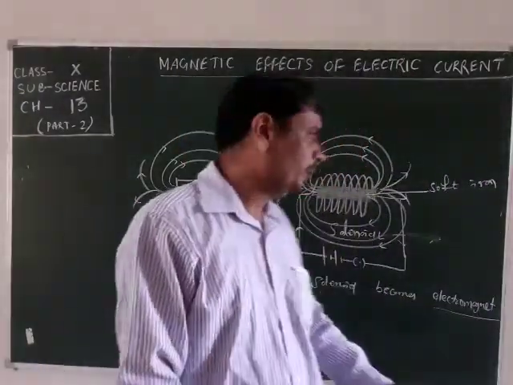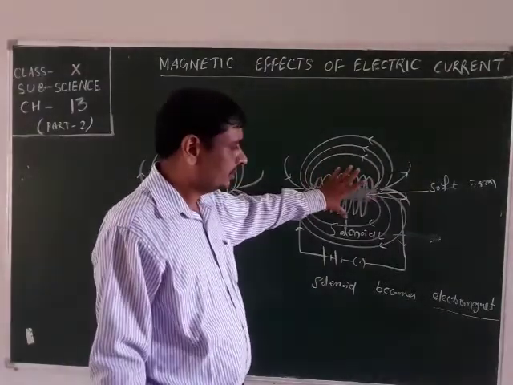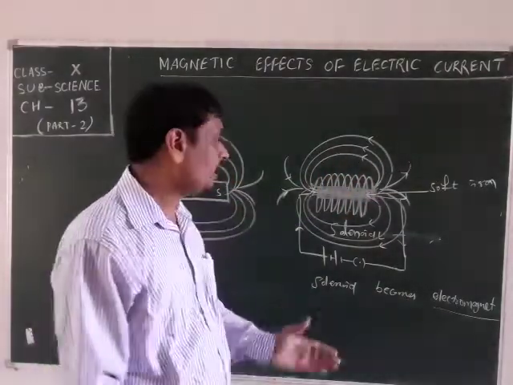If we want to increase the strength of this electromagnet, how can we increase it?